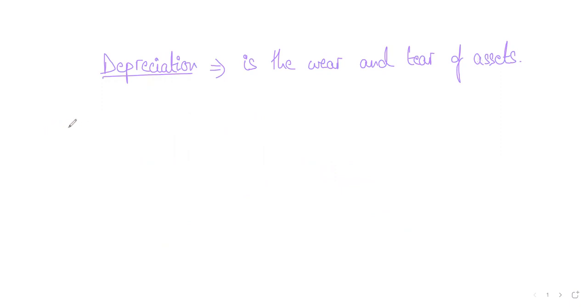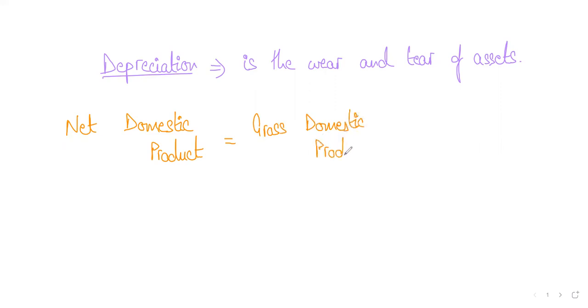So the way we calculate net domestic product is like this: net domestic product is equal to gross domestic product minus depreciation. Is this making sense? Is this clear? So that is what your net domestic product would be.